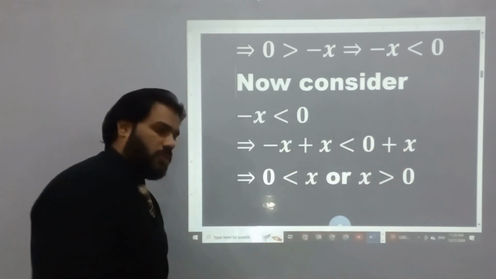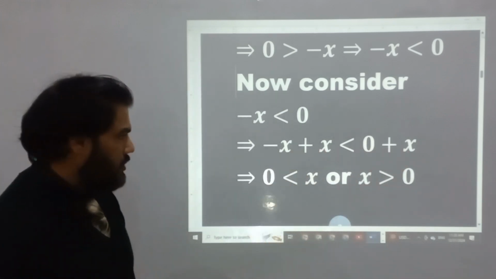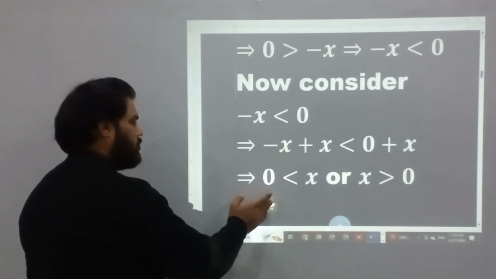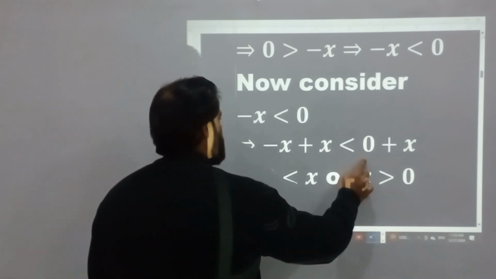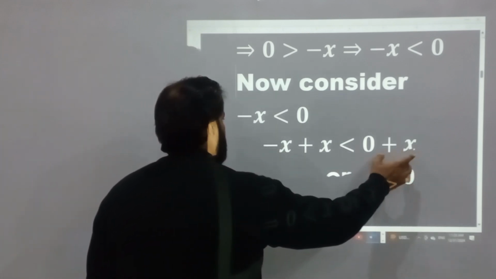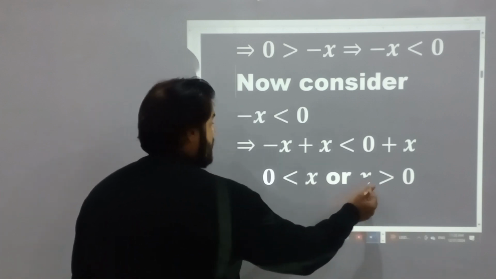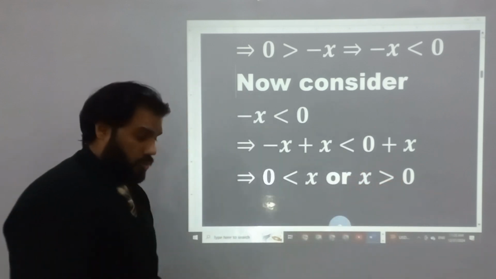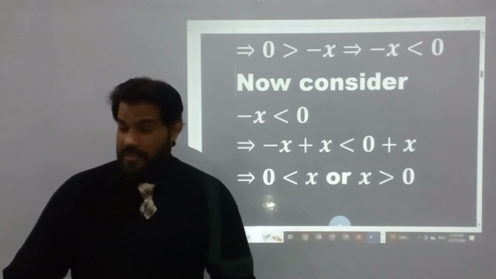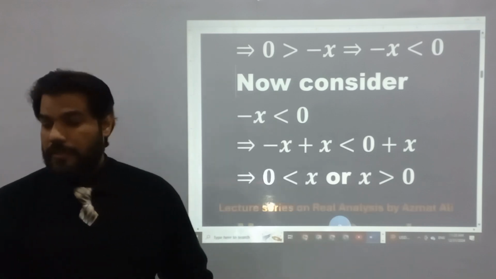Minus x plus x, because these are the additive inverses of each other, is simply equal to 0, and 0 is the additive identity. So by adding this with real number, this is equal to x simply. So 0 is less than x, or we can say that x is greater than 0. So this completes the proof of axiom 1.